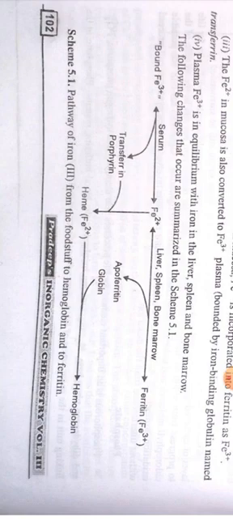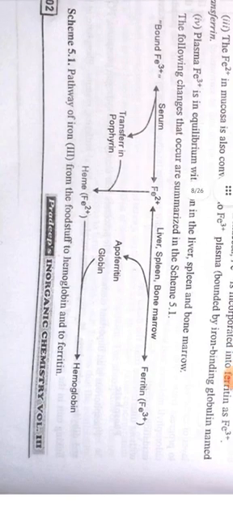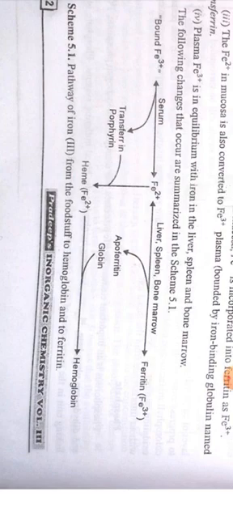First, what we have is Fe3+ changes into Fe2+ in heme, Fe3+ bound, interconvertible in serum and transferrin, in porphyrin Fe2+ to Fe3+, ferritin in liver, cell and bone marrow.